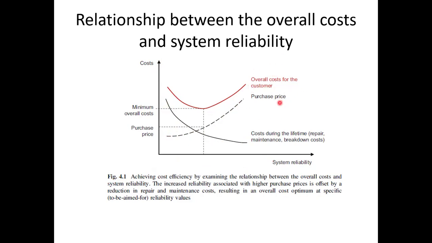In this graph, reliability is very high here, which means cost is also very high. Slowly the cost decreases, and the minimum overall cost you can consider here. Then this is the purchase price, and it gradually decreases.